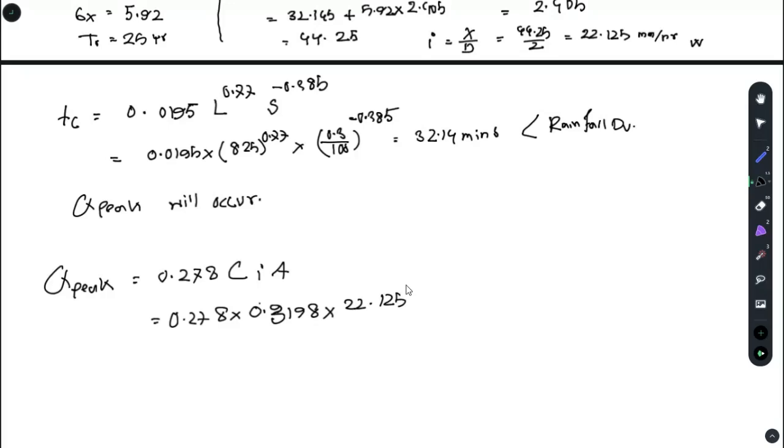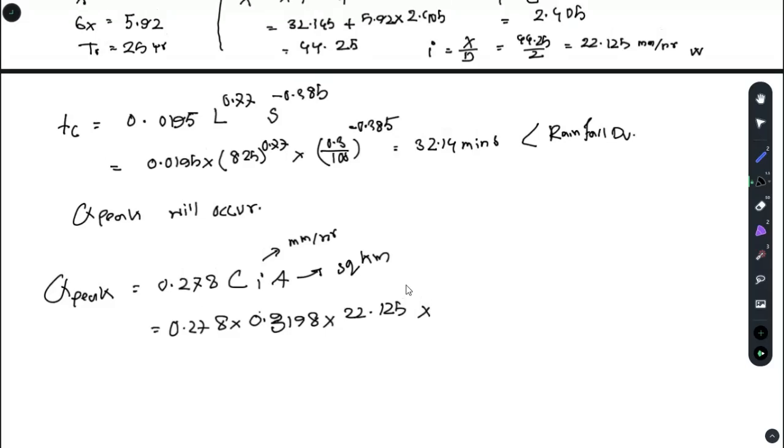It should be in millimeter per hour, and the area in square kilometer, and you don't have any unit for C.